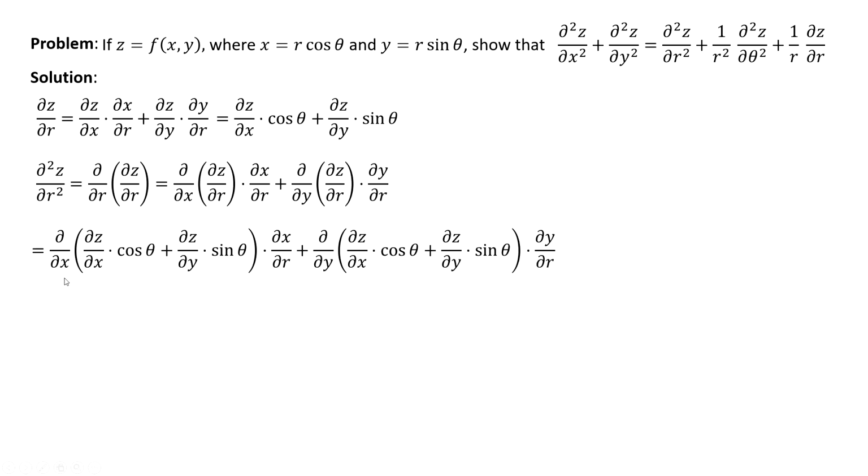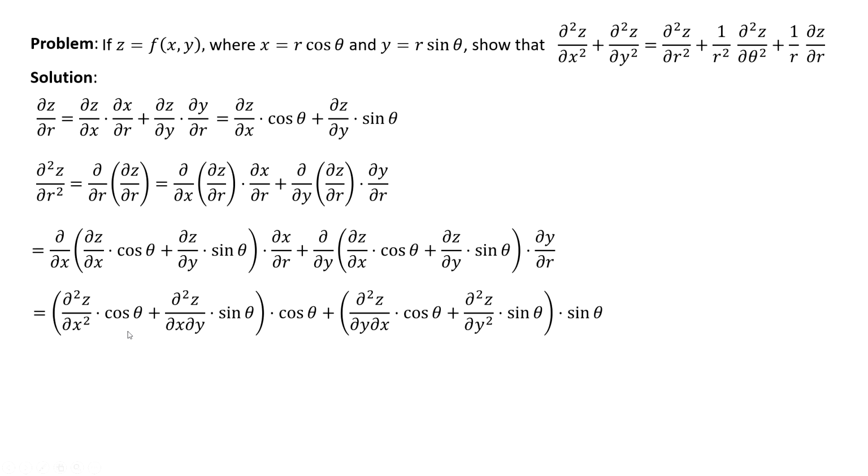Okay, now let's look at this. What is partial with respect to x of the quantity partial z with respect to x times cosine theta? Well, would you agree? That is second partial of z with respect to x times cosine theta. Right.